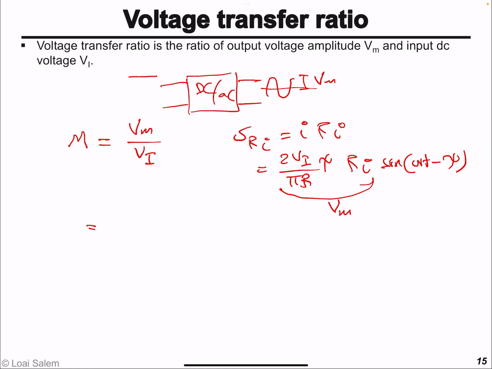And so the conversion ratio M, we just divide the amplitude Vm that we just calculated by Vi. So we get, sorry, this is cosine psi. We get 2 times cosine psi divided by pi multiplied by Ri over R. Okay.